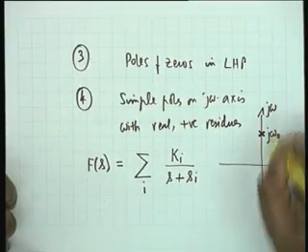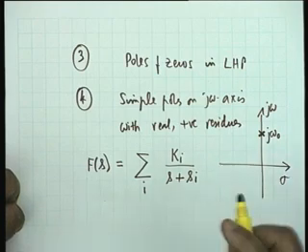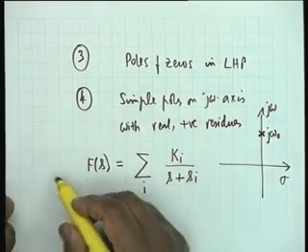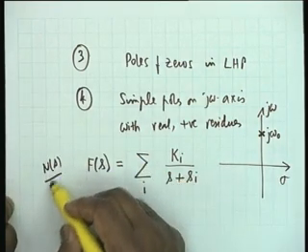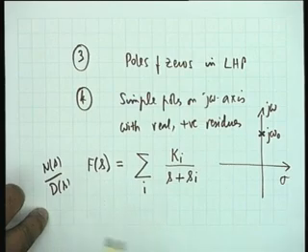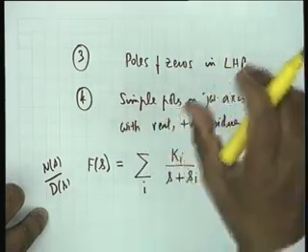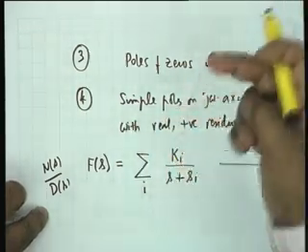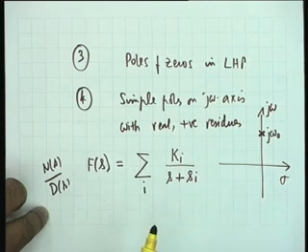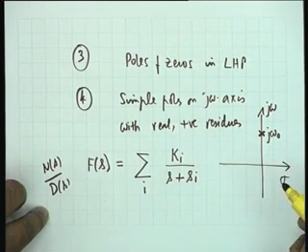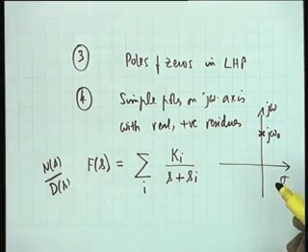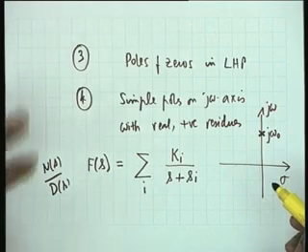This is the pole j omega 0, which means that if I write f of s as n of s by d of s, then d of s has a factor s plus j omega naught and necessarily s minus j omega naught, and therefore at s equal to j omega naught or minus j omega naught the function blows up, and that is a pole.